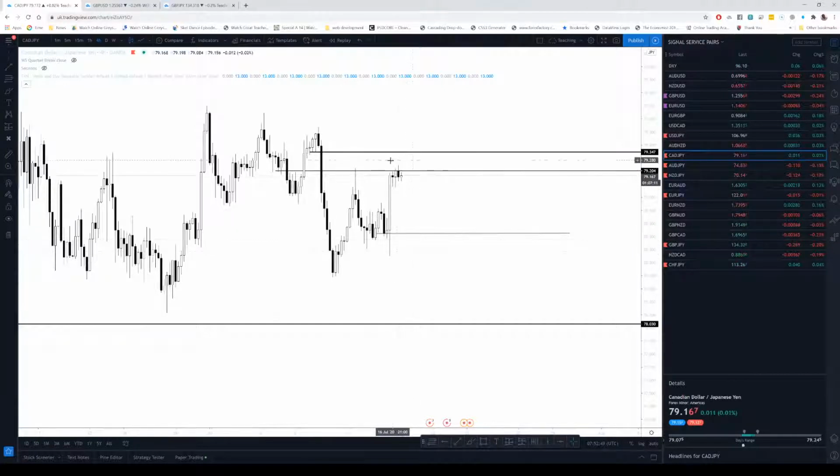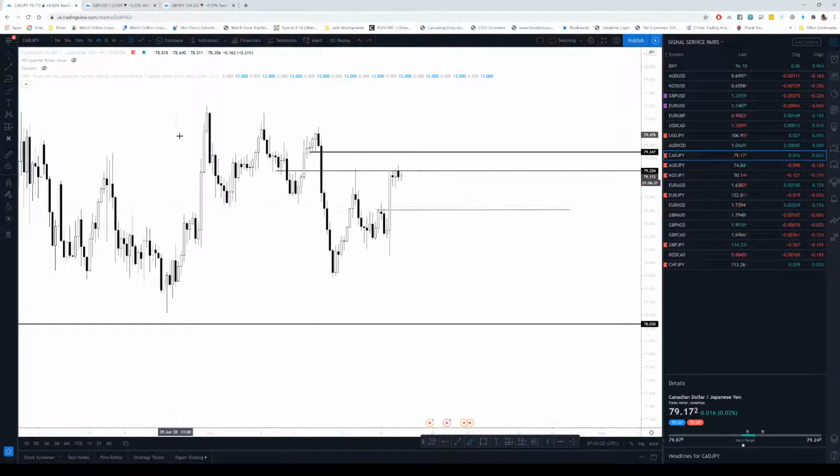Yeah, so for me to take a safe trade, probably if it gives offer, this can potentially offer another push higher, and I don't want to be in that.